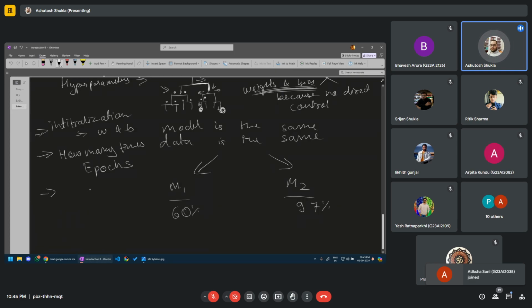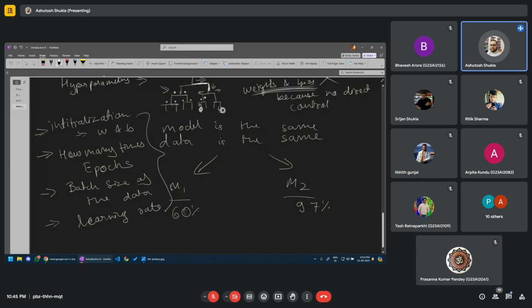The other thing would be how big the data is, the batch size of the data. There is also learning rate, by the way. So these things come under hyperparameter. The reason they come under hyperparameter, even the initialization of weights and bias, is because at this point, these things are initialized by you. You write these things and you make a decision.